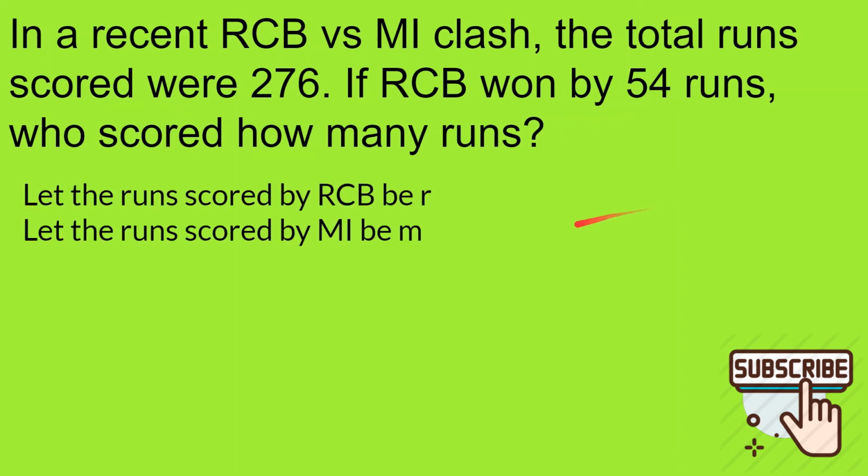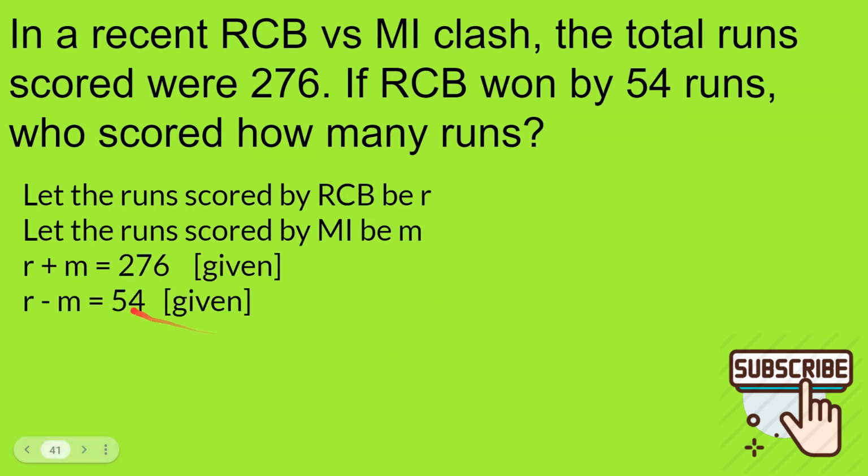So first let's convert this into algebraic terms. Let the runs scored by RCB be R and let the runs scored by MI be M. So in equation 1 we have that the sum of their runs is 276, so R plus M is 276, and the difference of their runs is 54. R minus M is equal to 54 since R is greater here.